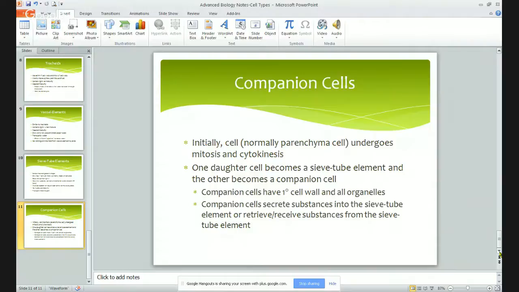The companion cell can then secrete substances either across the way into the sieve tube element, or it can receive substances that the sieve tube element passes on to it. So it's basically kind of like a mission control almost. Since it's got all of the organelles that can do all the processing and things like that, that's kind of why these guys have their buddy, I guess.